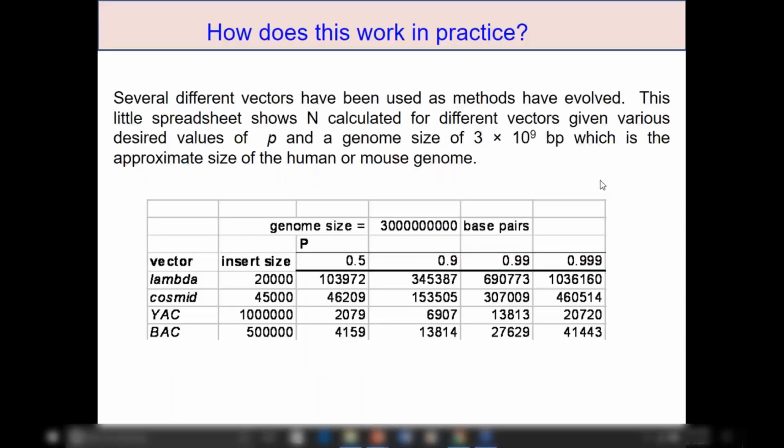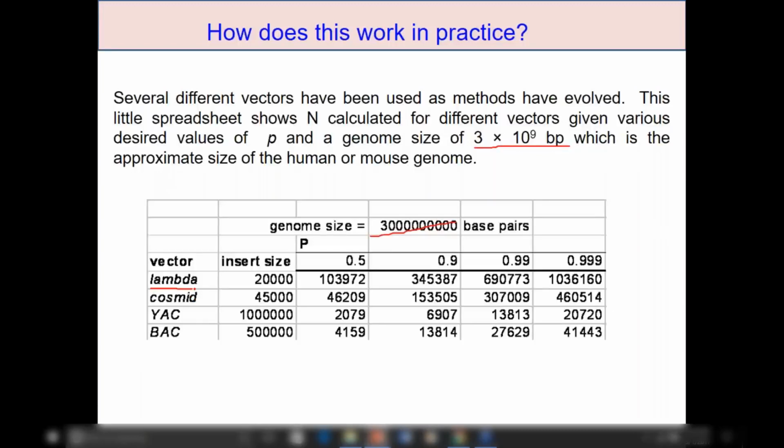Since I told you that each and every plasmid has a different holding capacity, I told you. So if I use a genome size of 3 into 10 to the power 9 base pair, if I expand, this is this many base pair.